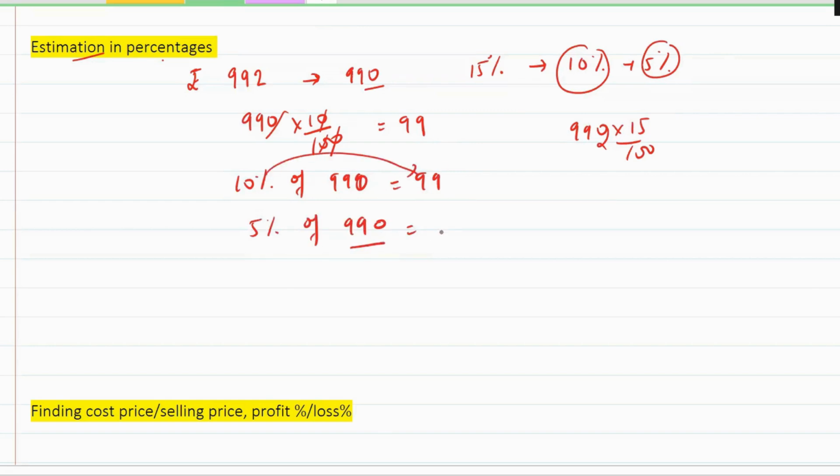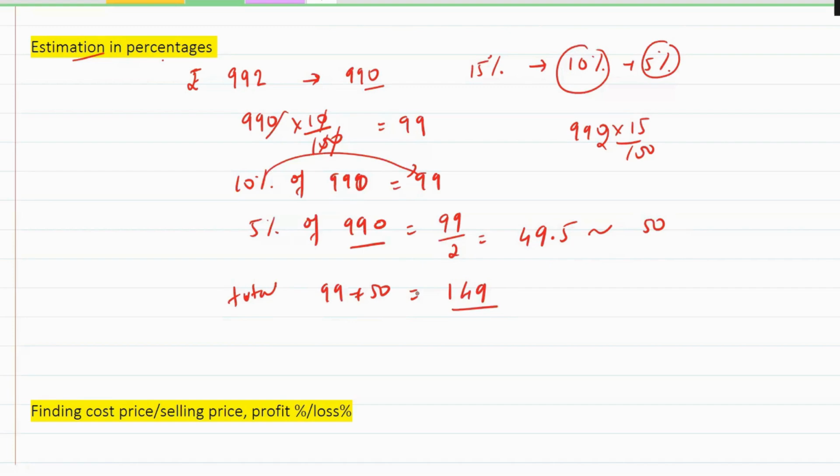So 5% is 99 divided by 2, which is 49.5. I can round this up as 50. So the total discount I'll get is 99 plus 50, approximately 149. So this is rounding the values, splitting the percentage, and then calculating the percentage of that quantity. This is estimation.